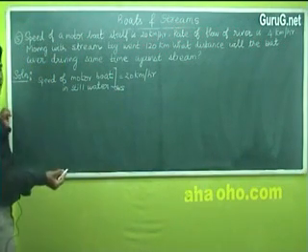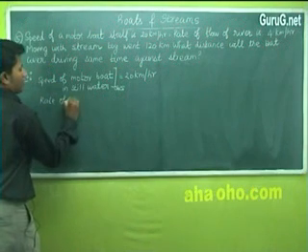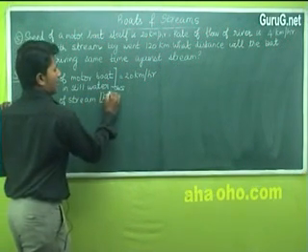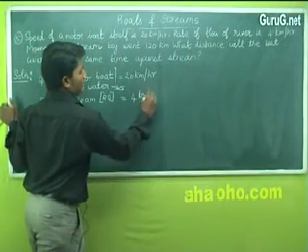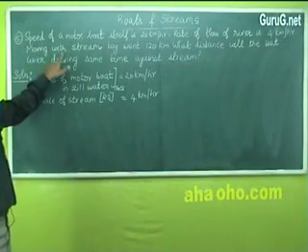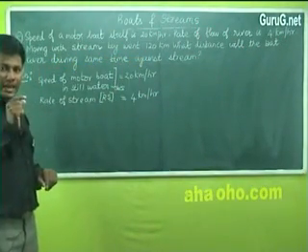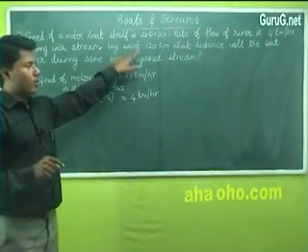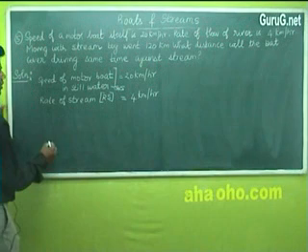Rate of flow of river, that is rate of stream. Rate of stream, RS, is equal to 4 km per hour. Moving with the stream, boy went 120 km. So in a given particular time, the distance covered by the boy downstream, that is the downstream distance, is 120 km.